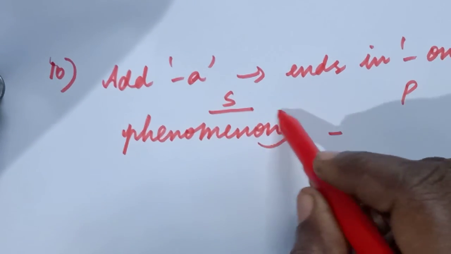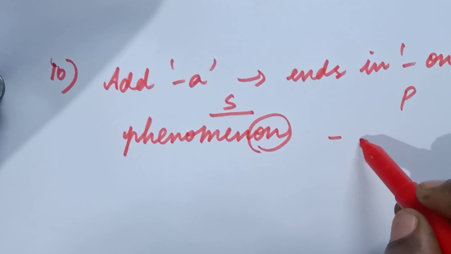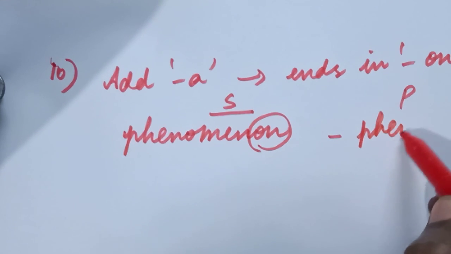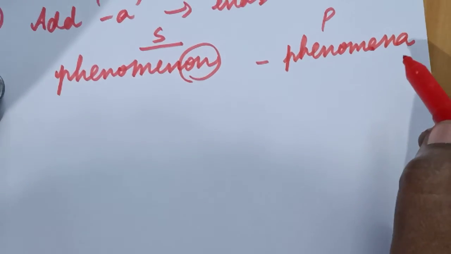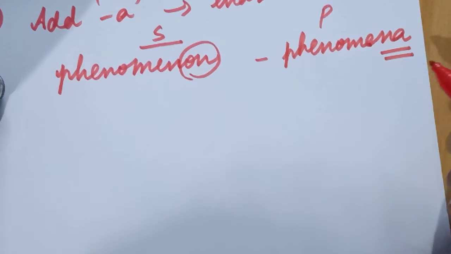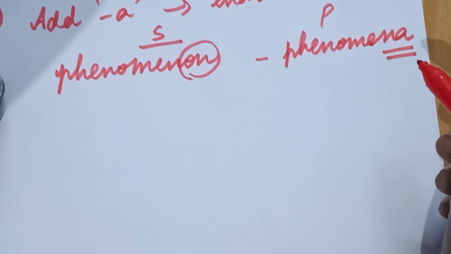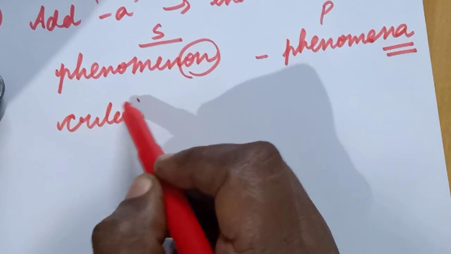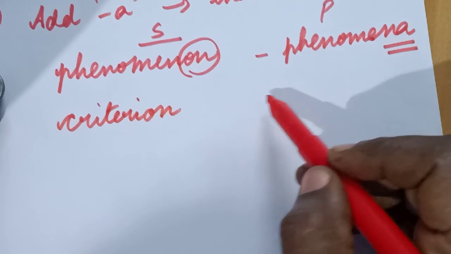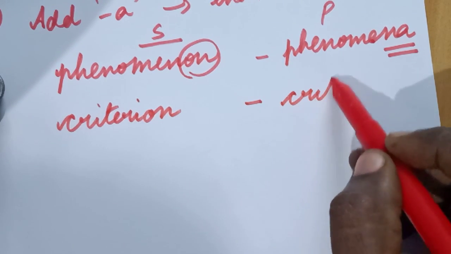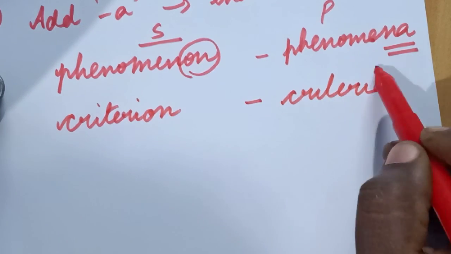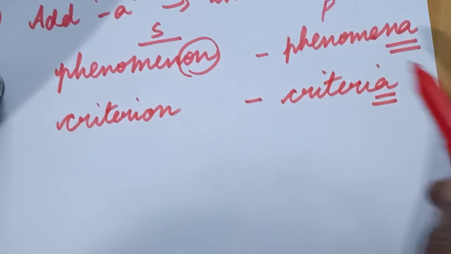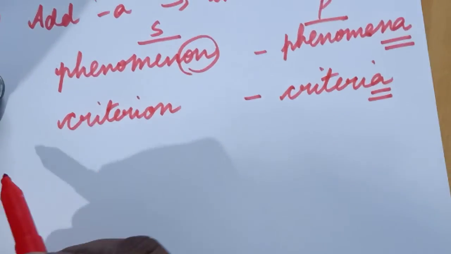If it ends with ON, you are going to replace it by A, which means phenomena. Since it ends with ON, we have replaced it by A. You can see here, criterion. You can replace it by criteria. Okay, this is the plural form. Got it? Yes.